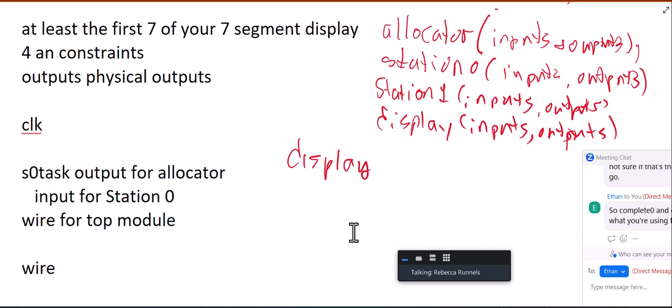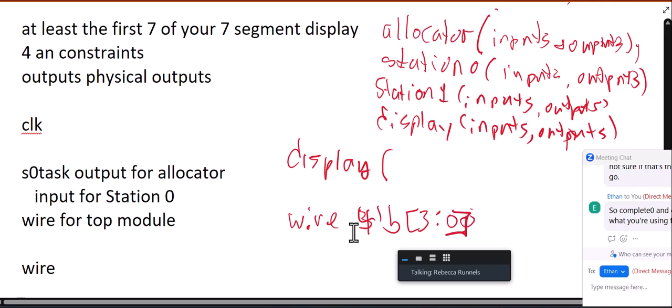It's not an input or an output. It's just a wire, a 4-bit binary number, because I want it to roll over when it gets to 15.